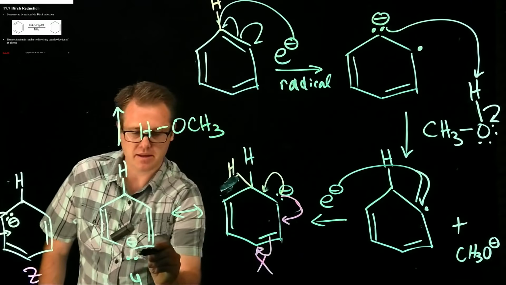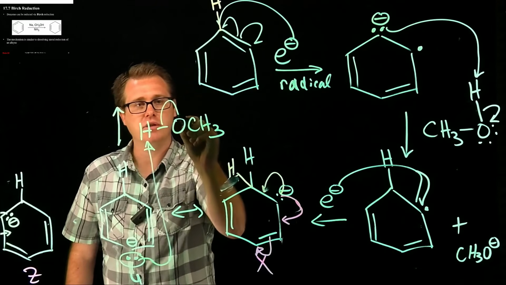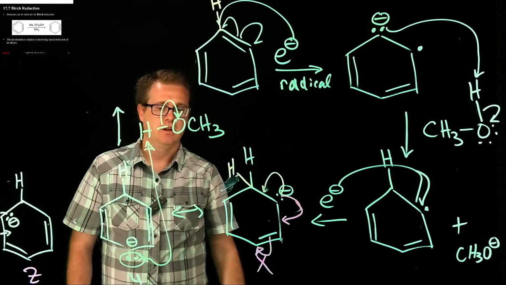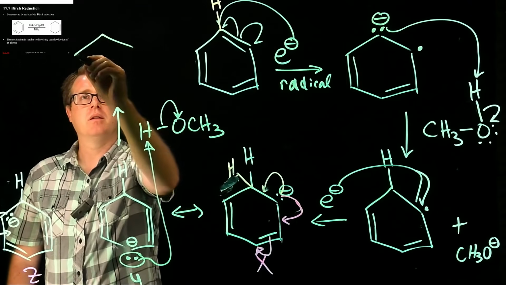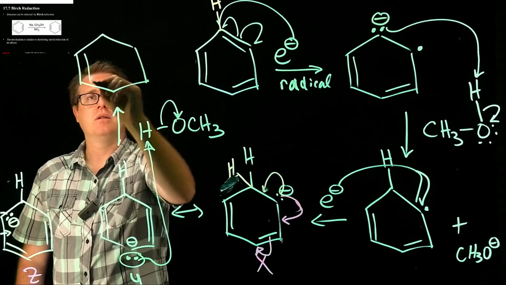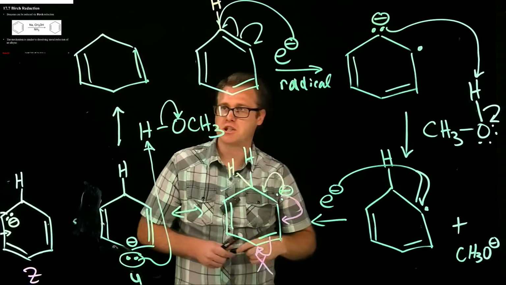And so we can take this lone pair right here, and it's going to do a proton transfer to give us our product. And that is the Birch reduction.